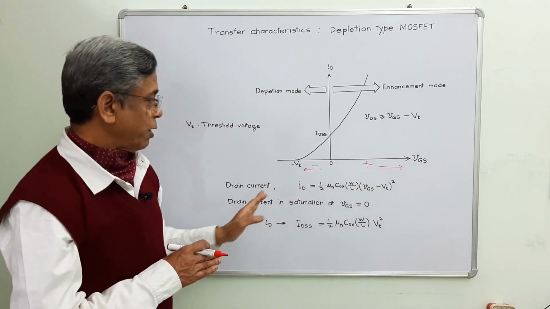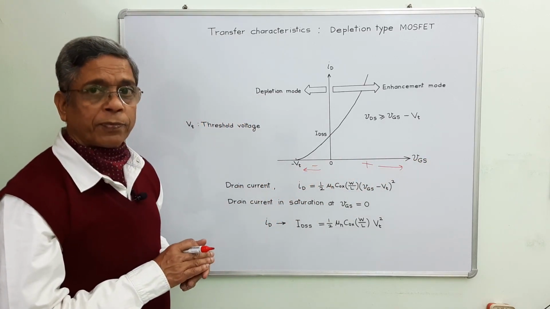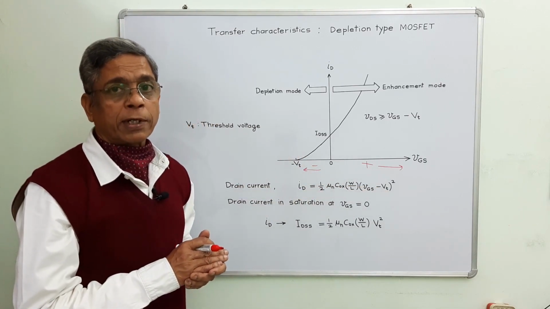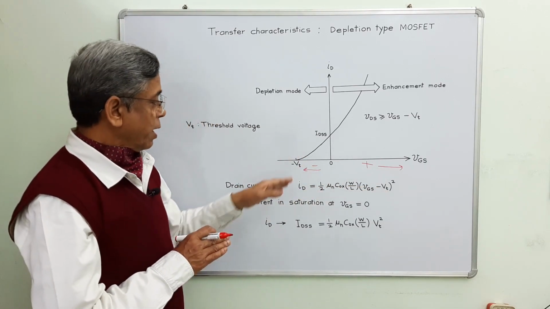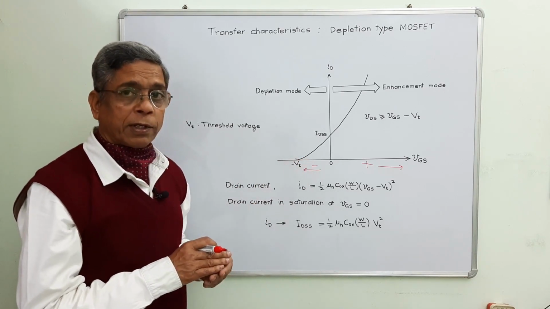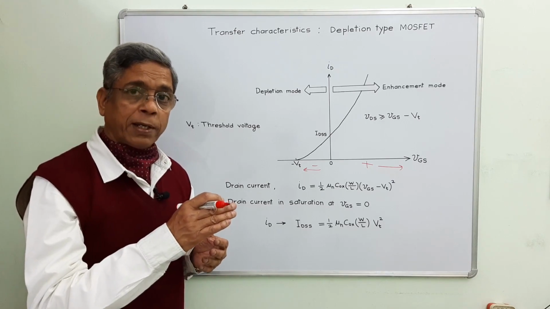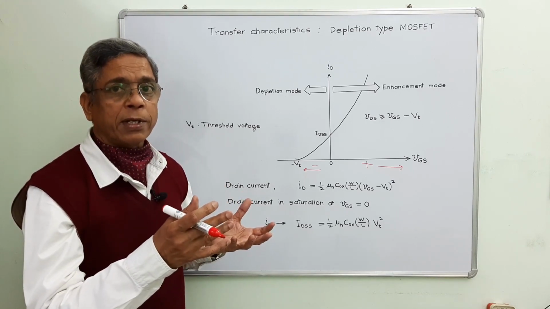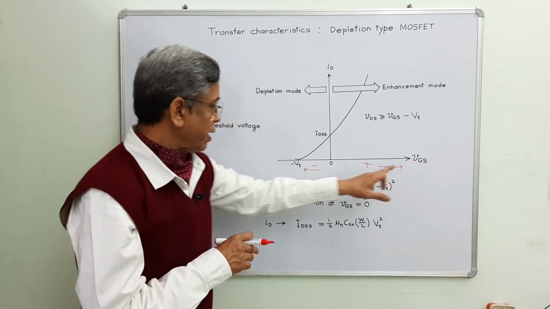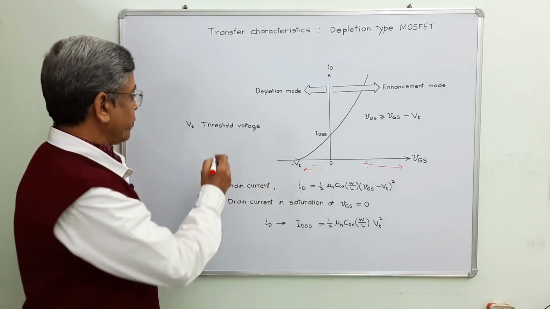On the other side, when VGS is negative, this negative voltage will reduce the conductivity of the channel, and at some point the negative gate voltage starts repelling electrons away from the conducting channel, and a situation arrives when VGS is equal to minus VT.